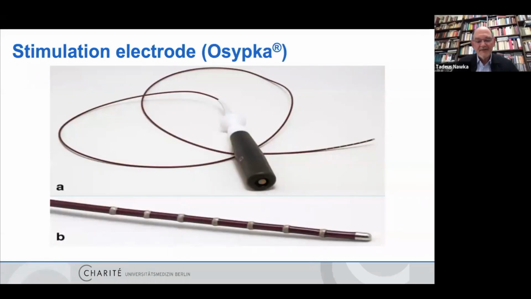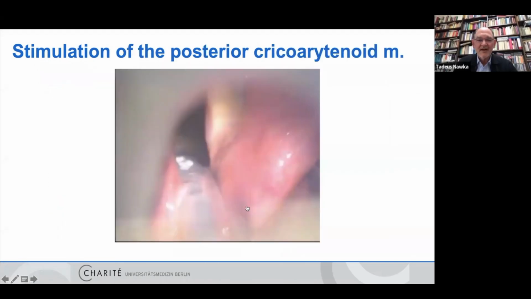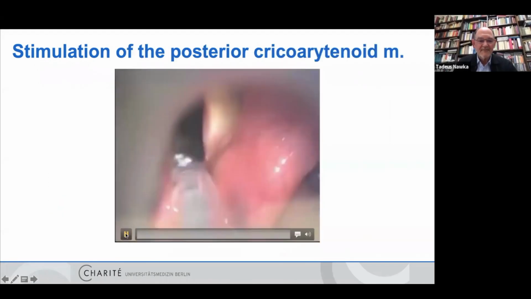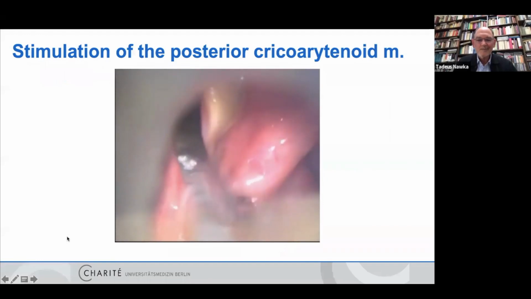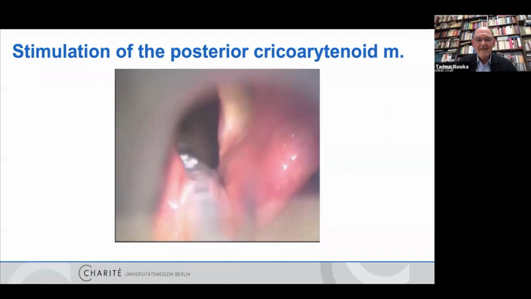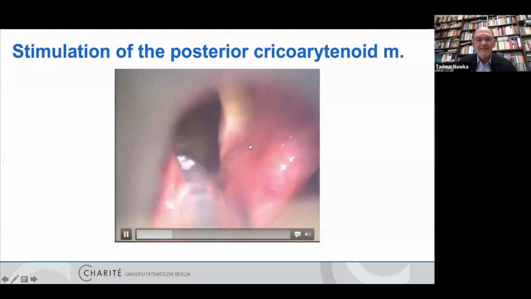So if we want to insert a laryngeal pacemaker, then we need to see if the muscle reacts, and the stimulation electrode is needed for that. And I'll show you how the stimulation works. So if you stimulate, and you see the arytenoid cartilage moves laterally, then you have found the right spot.